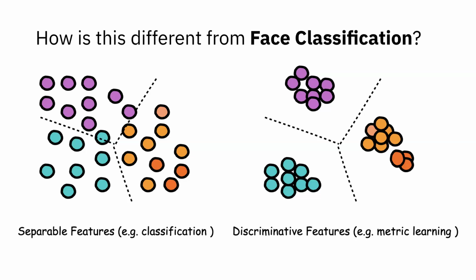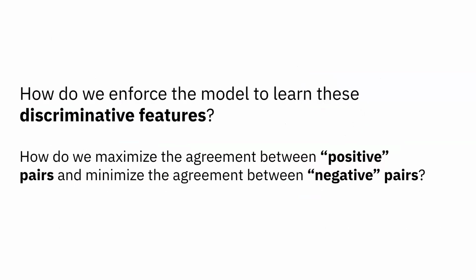If you use your phone, you want your phone to only say yes to your face and not someone else's face. Does that make sense? So we want to learn discriminative features that separate one input from a different input. So how do we learn these discriminative features?